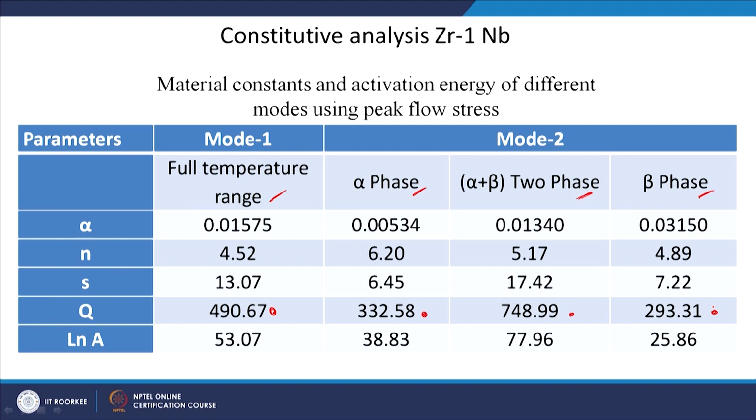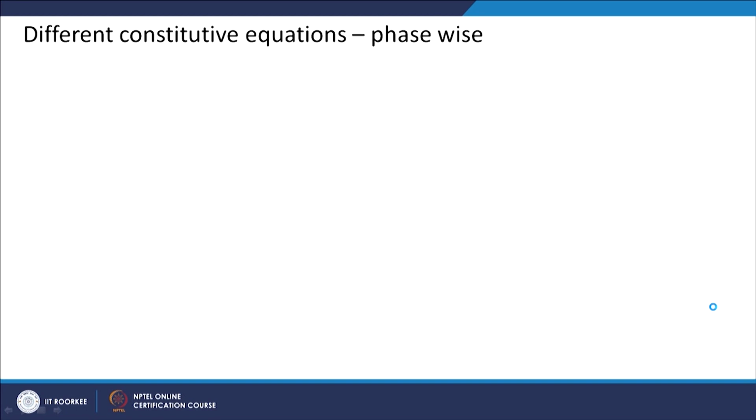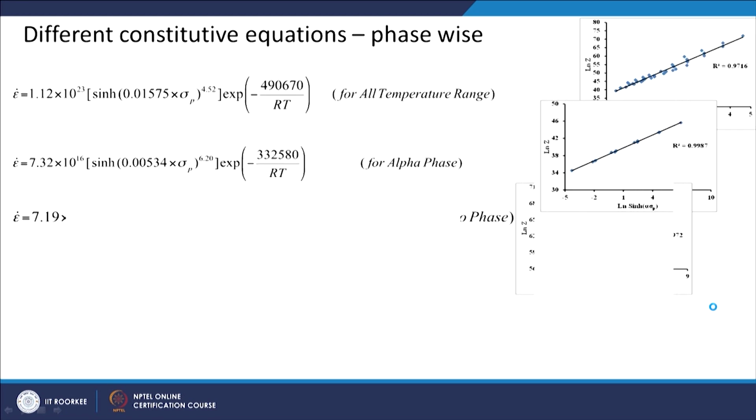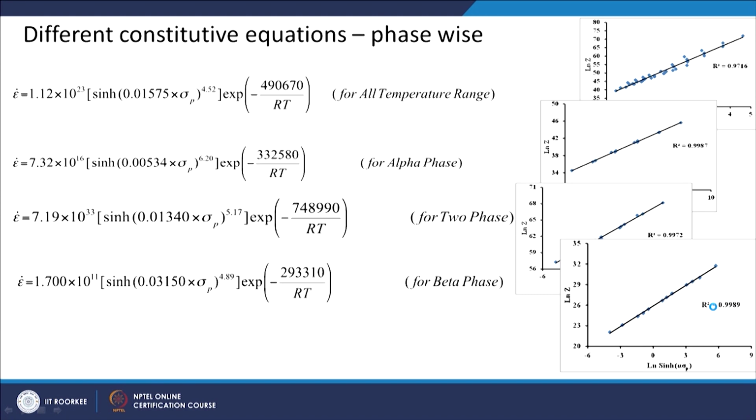And now how to know whether what we have developed is accurate. So, actually these are the different constitutive equations. For all temperature range, the R square value is around 0.97.